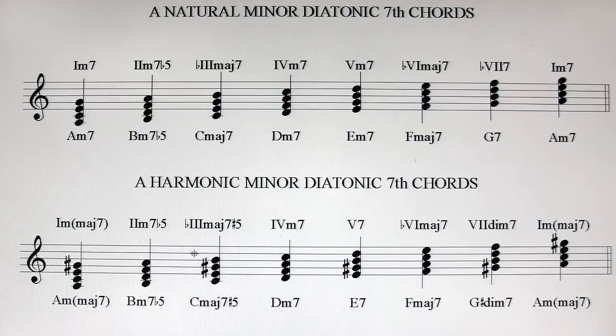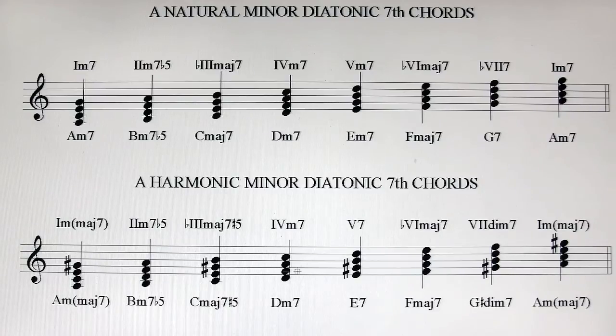Whereas in harmonic minor, we've got 1 type of chord, 2, 3, 4, 5, 6, 7 different types of chord. So every chord in the scale is a different chord, whereas here we've got repetitions of the same type of chord, albeit they're on different roots.